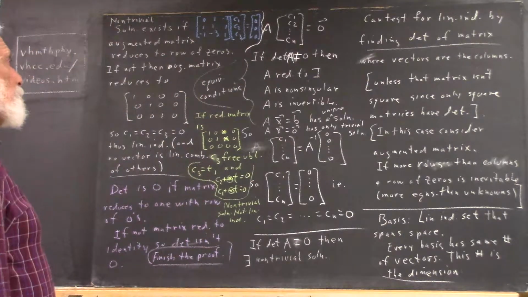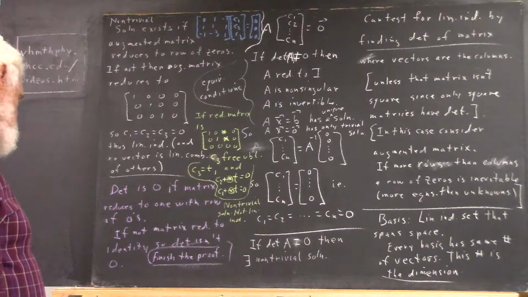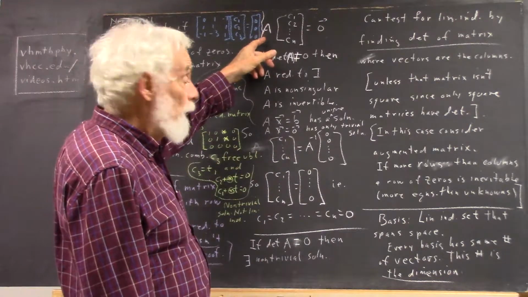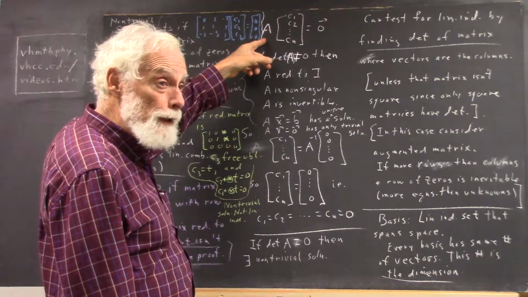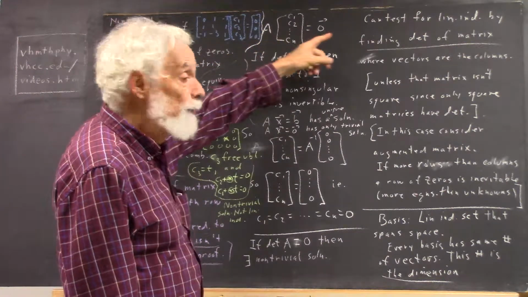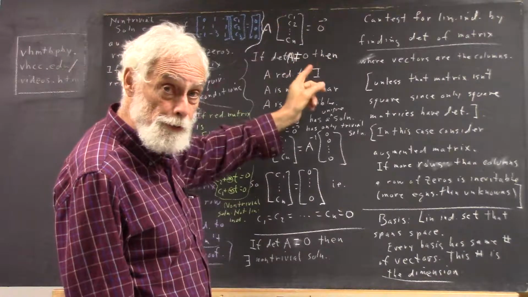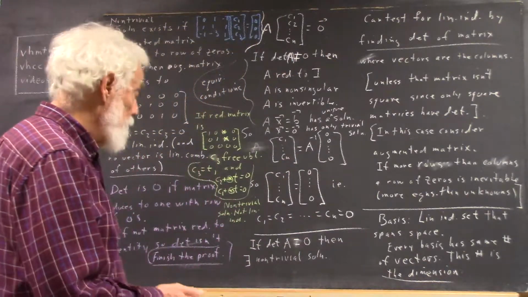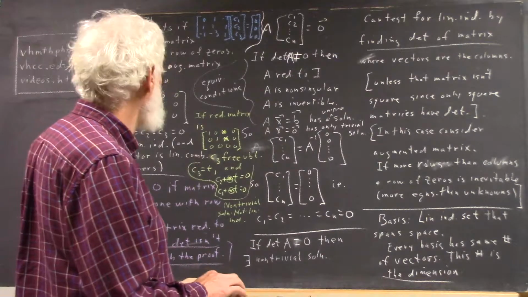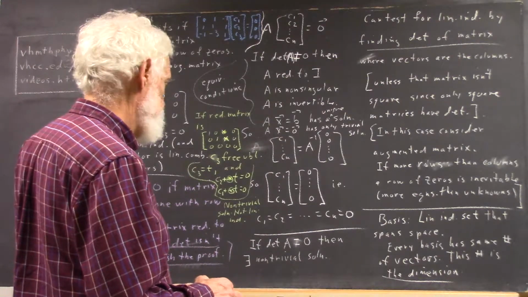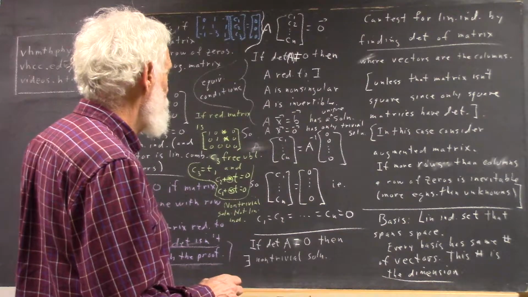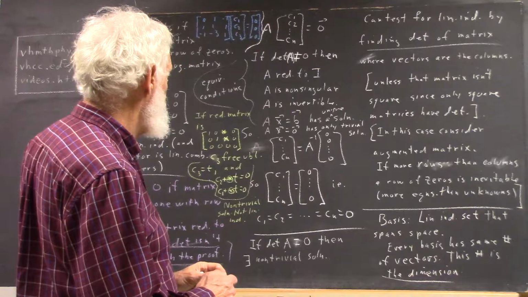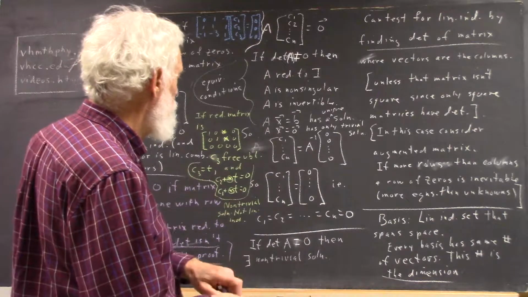So we could have proven our result. Our result being that the columns of A are linearly independent if and only if this equation has only the trivial solution, all C's equal to 0. That's the statement. I don't really have room to write it out very well, so I'm going to leave it unwritten.